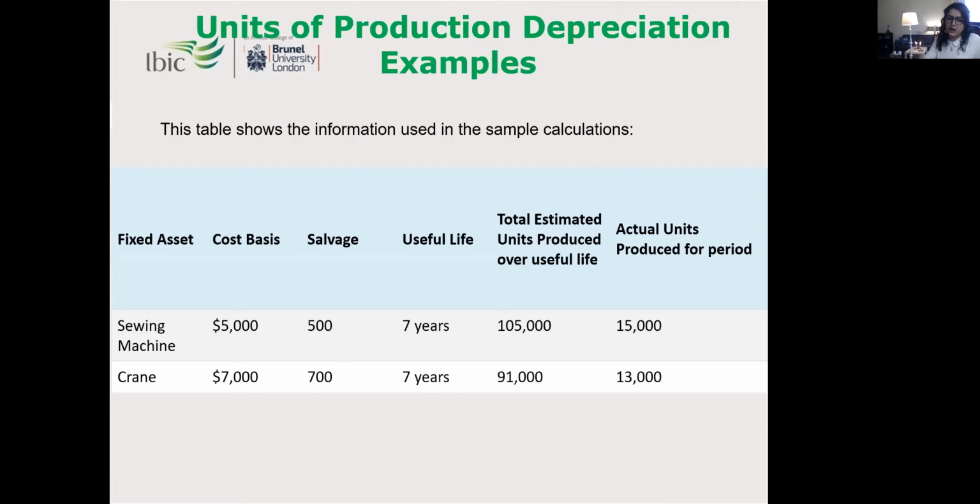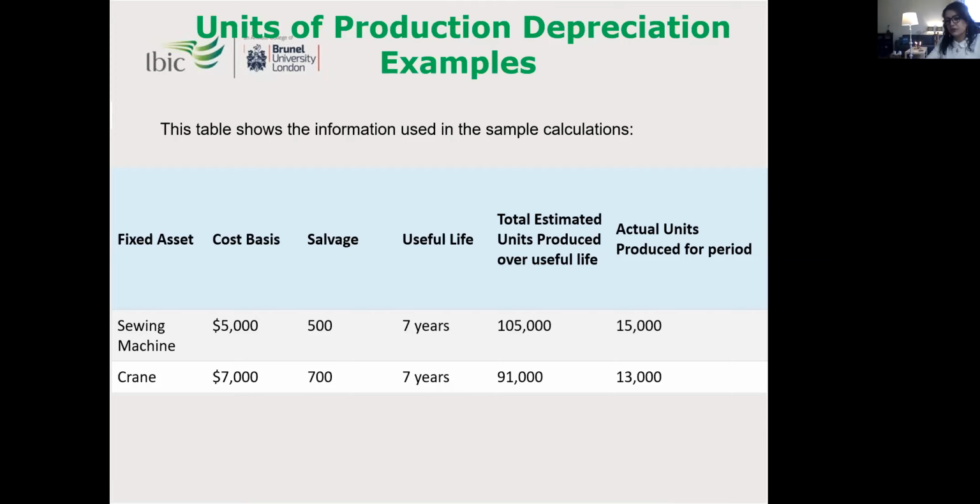So we have the cost, the basic cost, and then we have salvage, and then we have the useful life, which is 7 years, and then we have the total estimated units produced over useful life, which are these numbers, and then we have the units produced for the period.